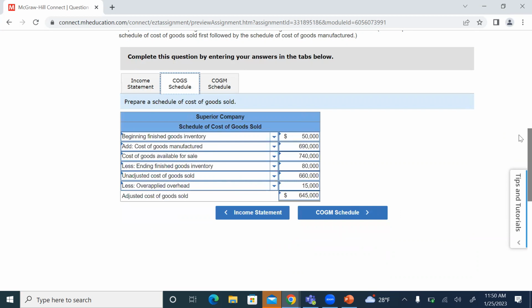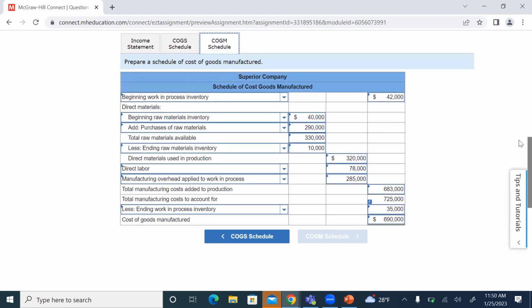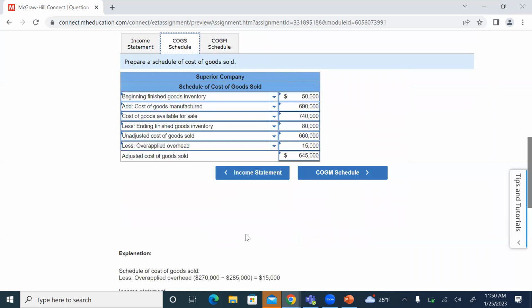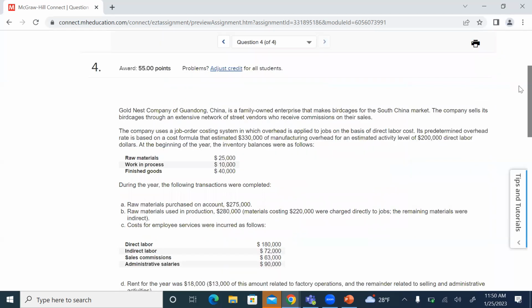Here's the schedule of cost of goods sold. Here's cost of goods manufactured. Okay? We're going back to the second one. That one? Okay. Then, your last one.